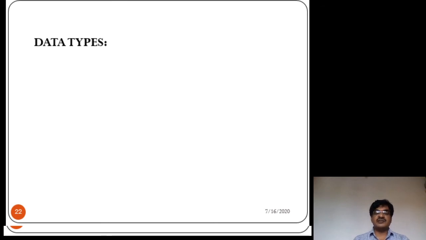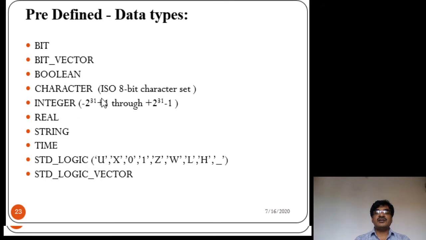User also can define his own data type by using the instruction type. Let us see some predefined data types. Those are bit, bit vector, boolean, character, integer, real, string, time, standard logic vector. These are some of the predefined data types.